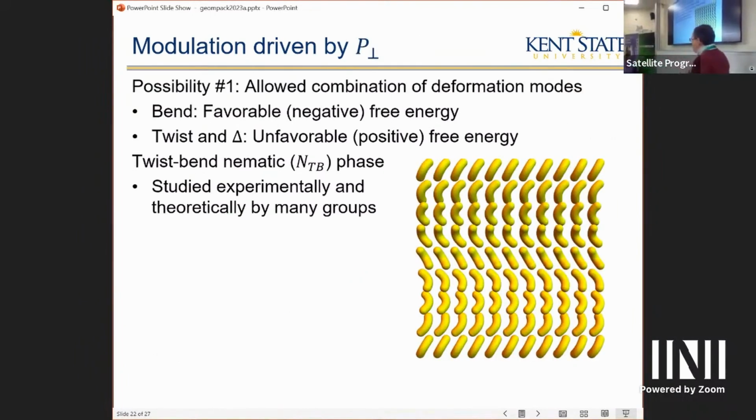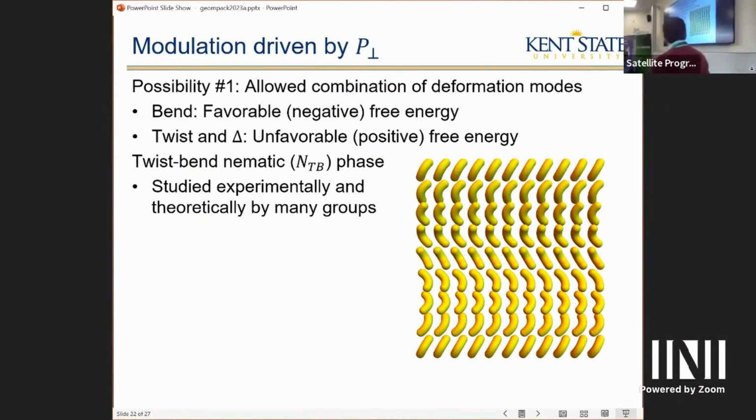Now, what about the other three cases, just briefly? Okay, so what if there is a modulation driven by perpendicular polar order, right? That couples with the bend, gives a favorable bend. In that case, one possibility is that the liquid crystal could make a helix where the director is not perpendicular to the axis, but at an angle, so it goes around like that, okay?